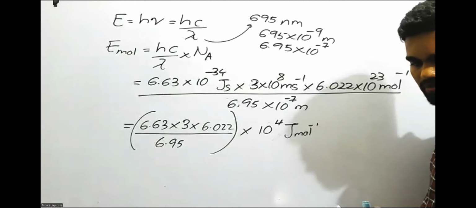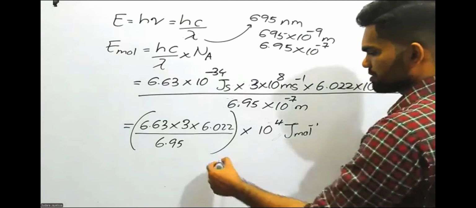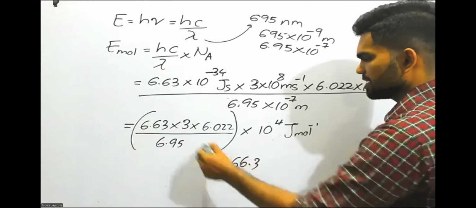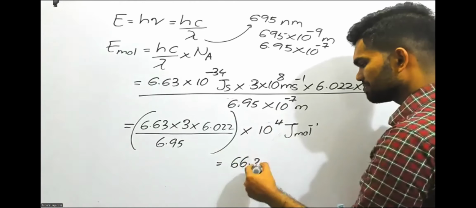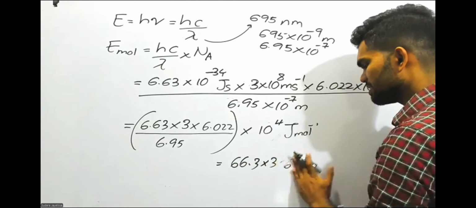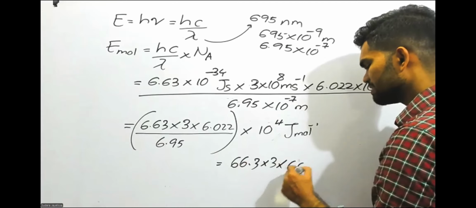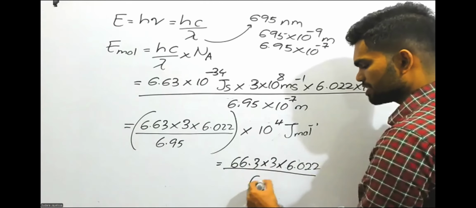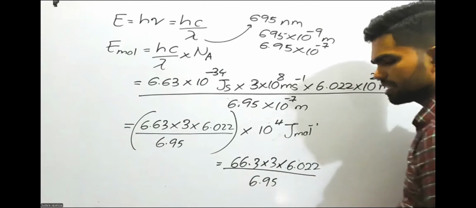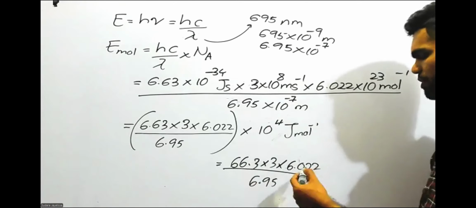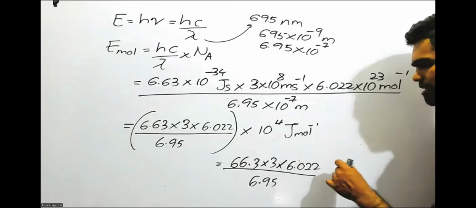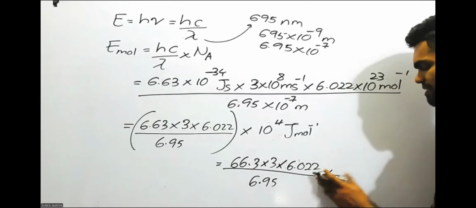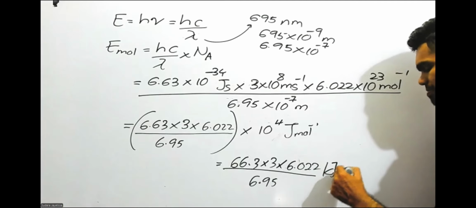Divide this one by 1000. So your final answer is going to be 66.3, I note it as 66.3 by adding that 10, into 3 into 6.022. When you're multiplying, 6 is enough, so it's almost 6. And then 6.95 you can use 7 during the multiplication. Then you will get a proper answer, don't worry. A little bit low, maybe very close to the real answer. Kilojoule per mole.